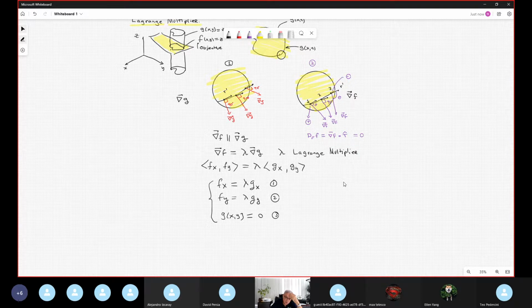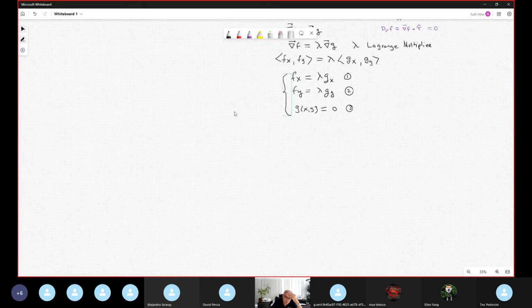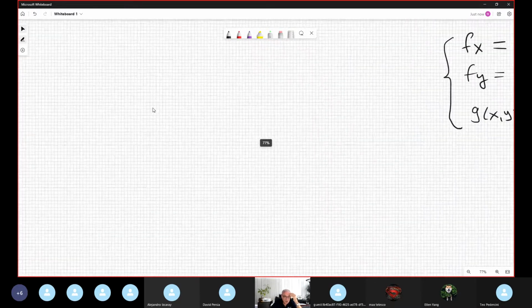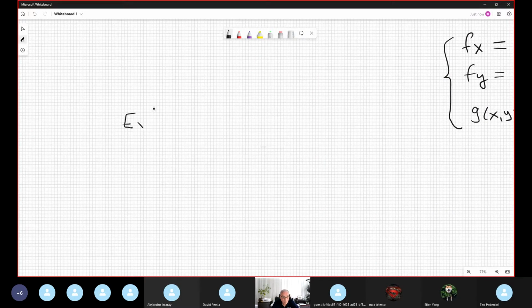Let's see the first example. Okay, cool. Look, example 1. By the way, it's the only one for the moment. We have a function, and basically we want to obtain the extreme values of that function.